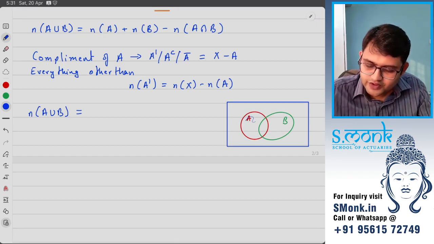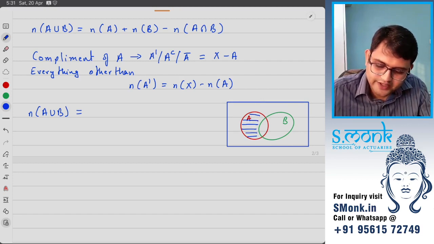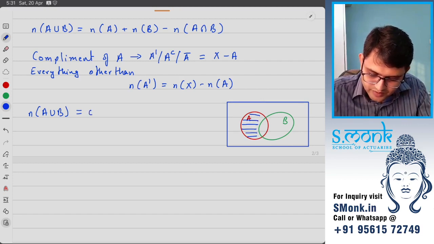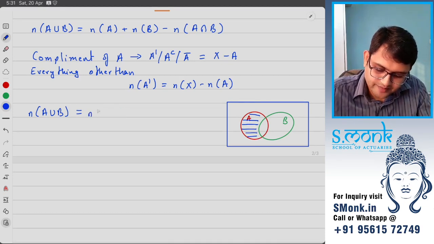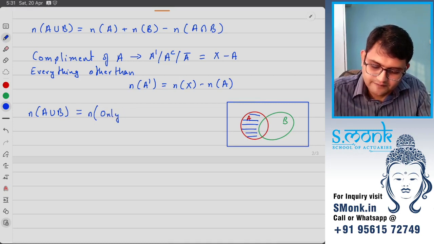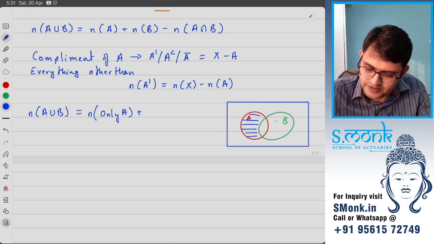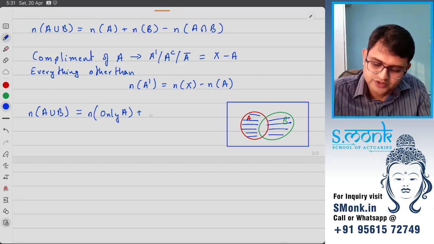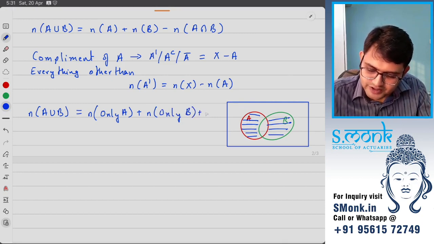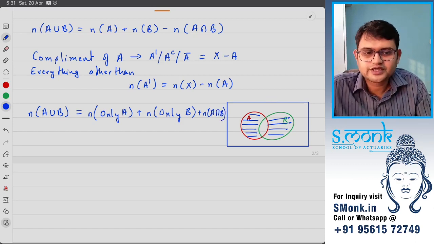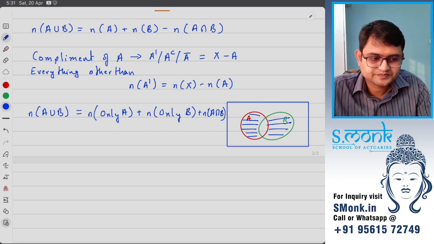Now if I want to represent this area, I will call it only A. So I'll say number of elements in only A, plus this area I'll call only B, number of elements in only B, and then plus the middle region, which is just A intersection B. It is just the intersection, right?